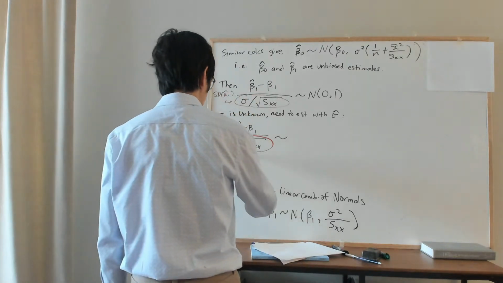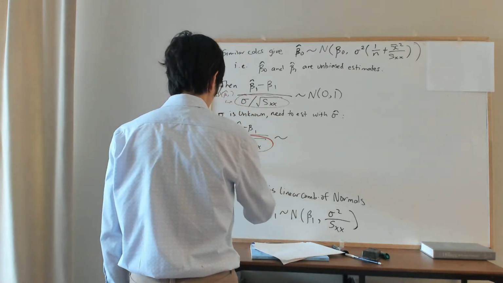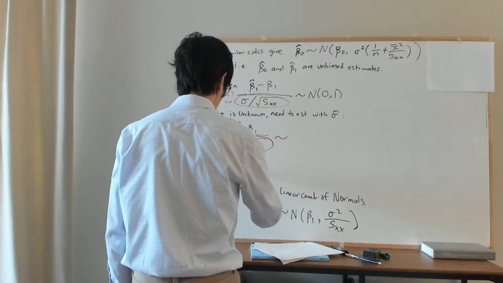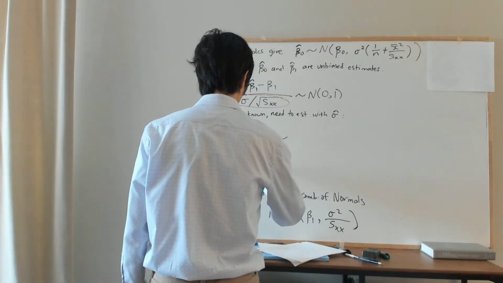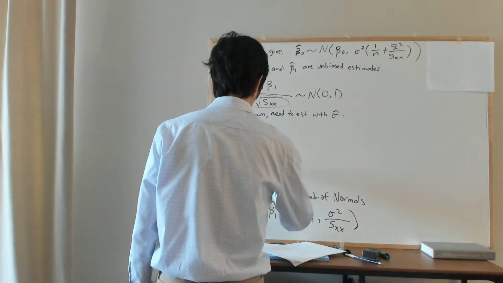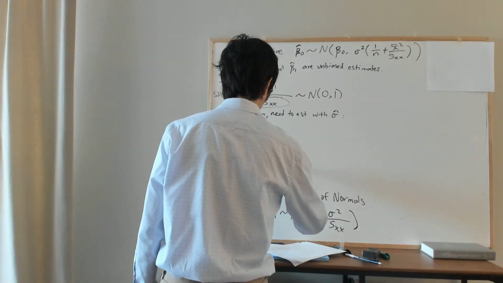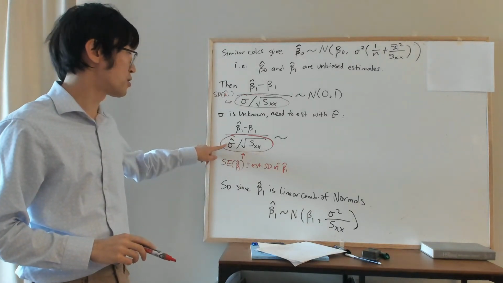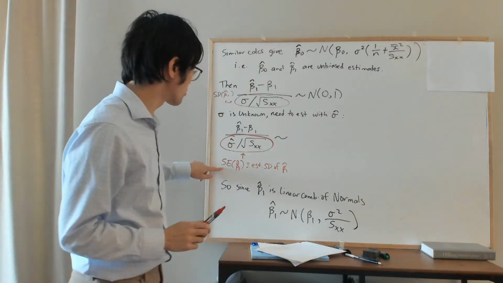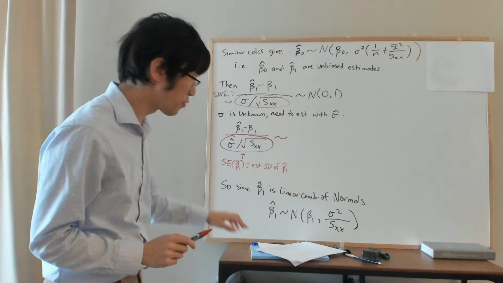This is what we call the standard error of beta 1 hat, because it's the estimated standard deviation of beta 1 hat. To estimate it, we have plugged in sigma hat here. So this is what I mean by standard error of beta 1 hat.